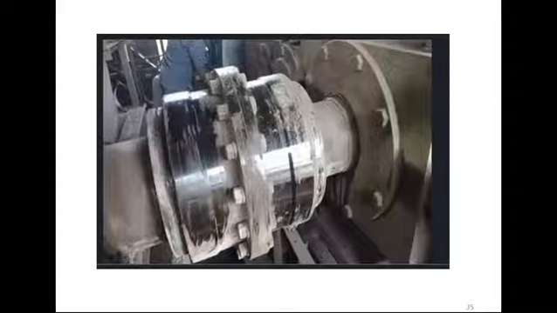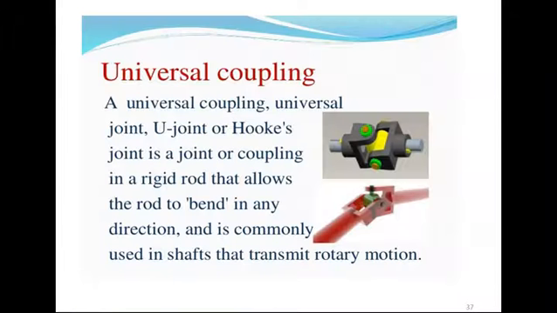Flange coupling is used for clubbing two shafts together, where one is a driving shaft and another is a driven shaft, and it transmits motion from one shaft to another shaft. So that is the purpose of this flange coupling. Whatever remains about the universal coupling and many more things, we are going to see in the next lecture.